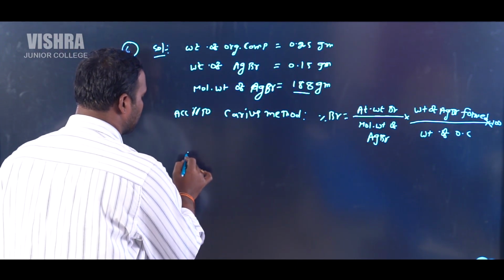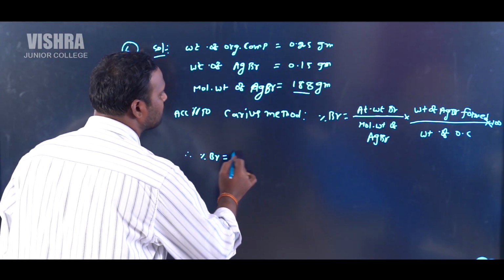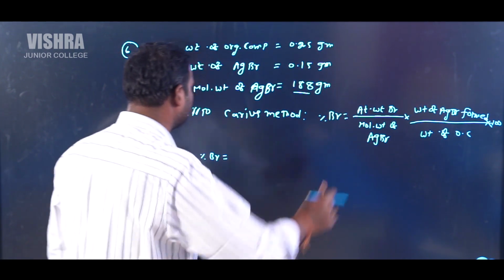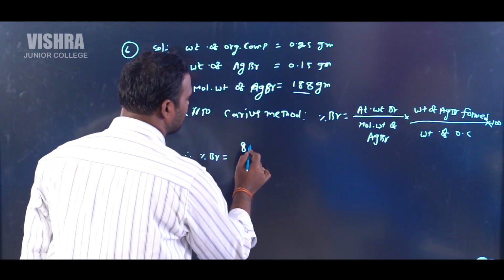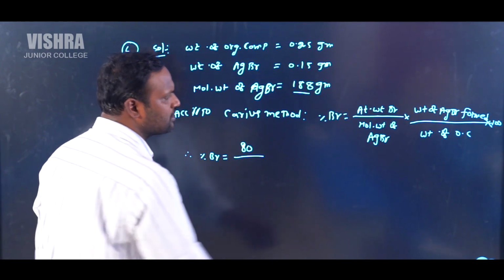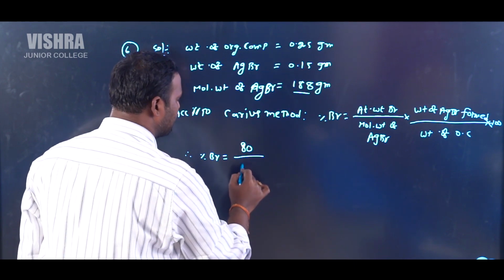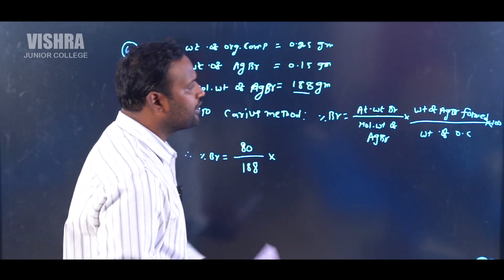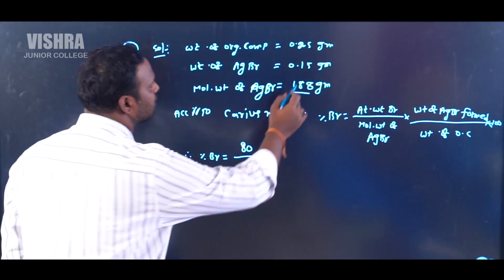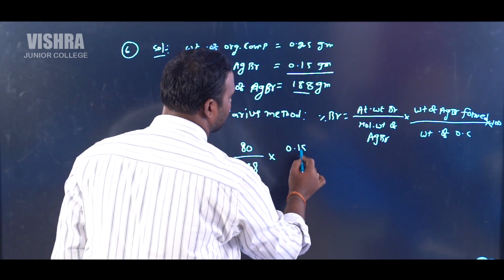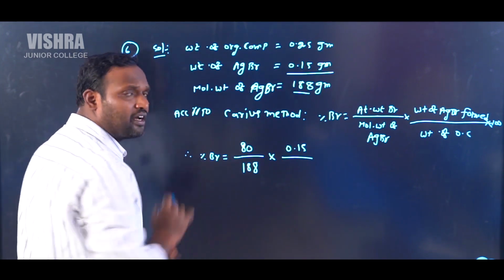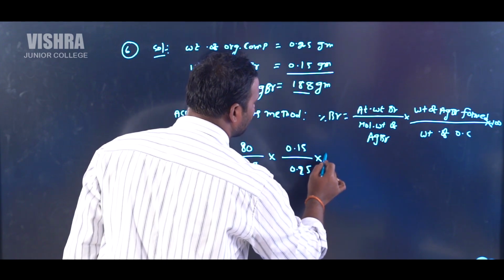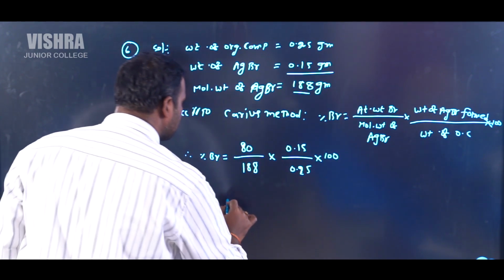Therefore, percentage of bromine is equal to: atomic weight of Br is 80 grams. Molecular weight of AgBr is 188, which you already know. Into weight of AgBr formed, in this case 0.15 grams, by weight of organic compound, given in this case 0.25, into 100.